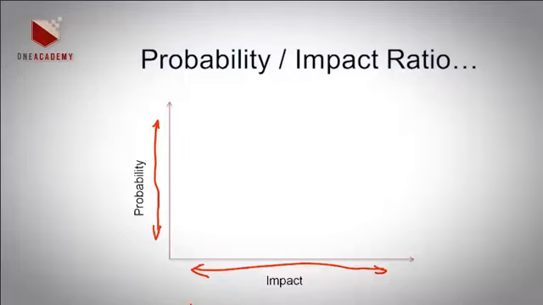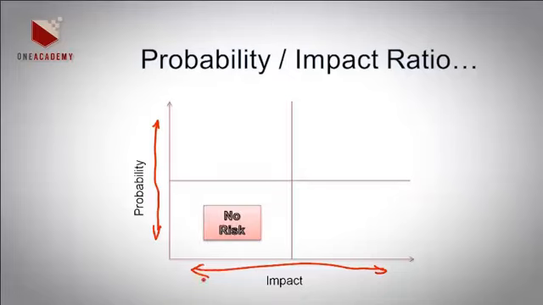There are basically 4 cells here. First, we have low probability and low impact, and in the extreme case we have basically no risk or next to no risk, so a risk that we are ready to discard easily.